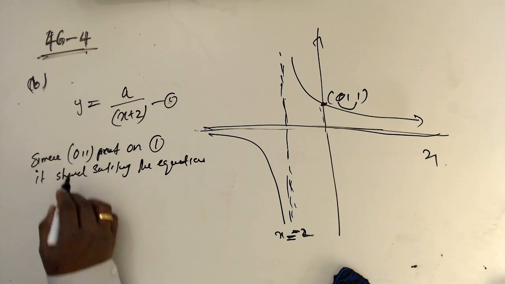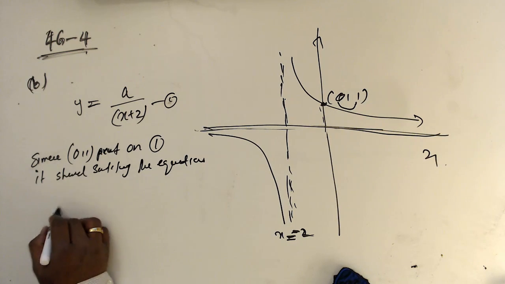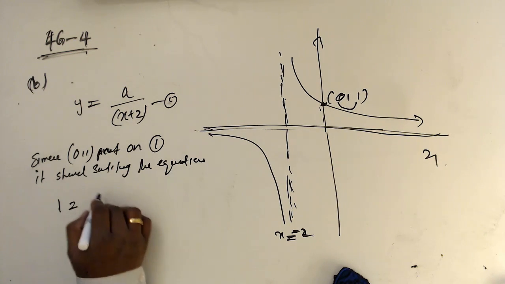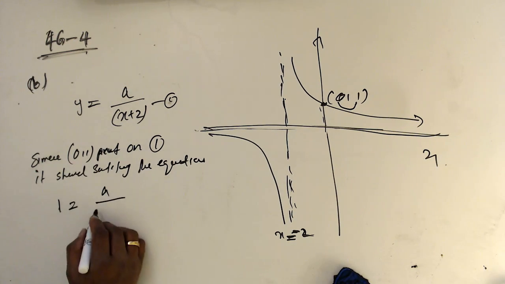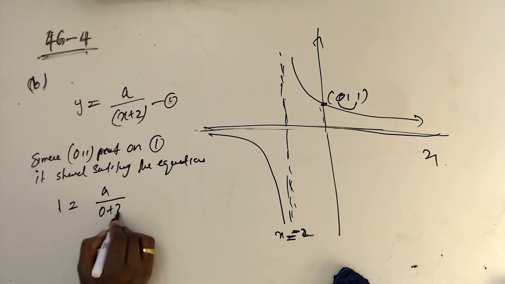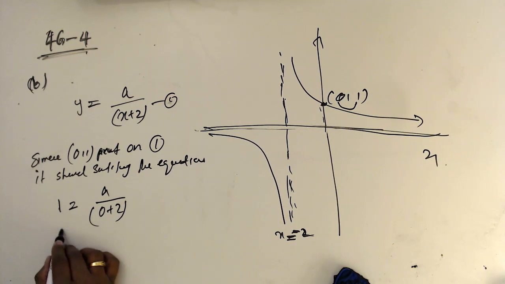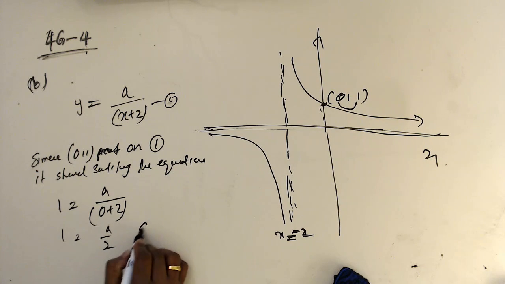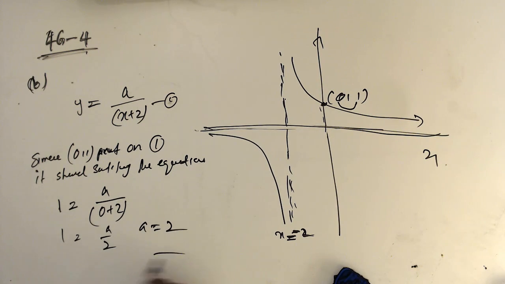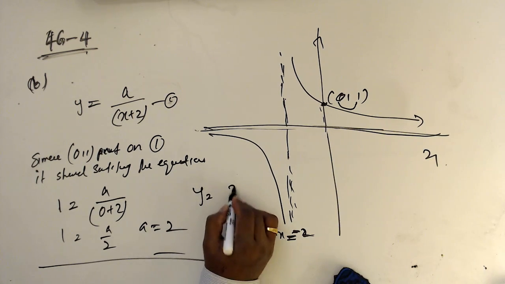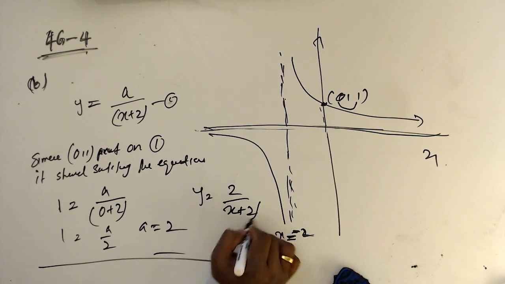Then I will substitute y equal 1, x equal 0, and 2. Then 1 equals a over 2. A equals 2. I worked differently. Earlier I did trial and error, but this time I did it methodically. So now the equation is y equals 2 over x plus 2.